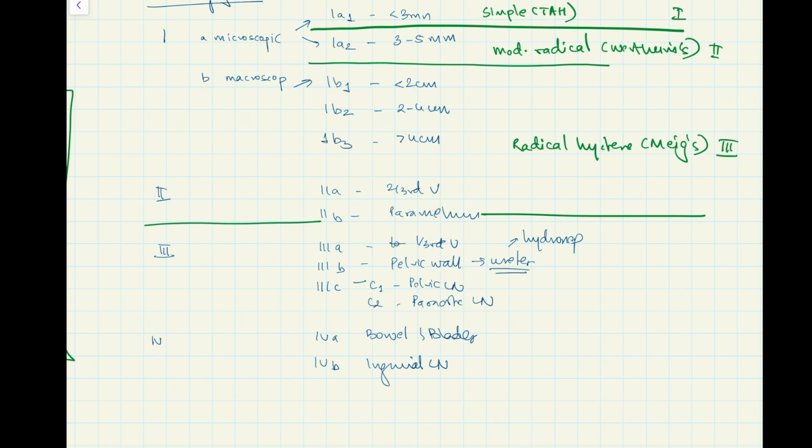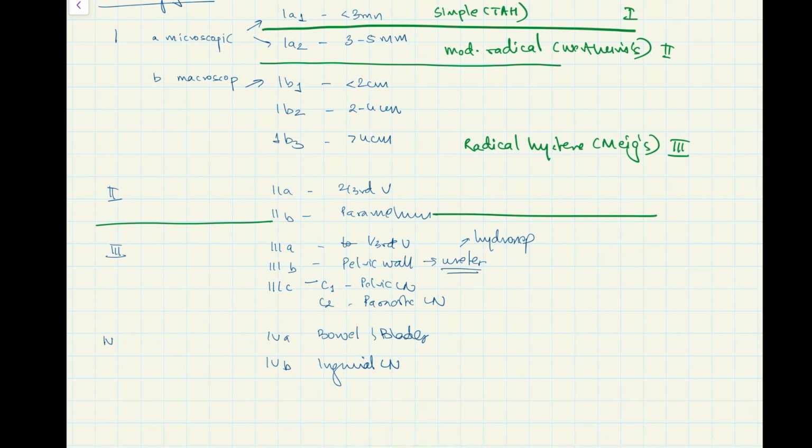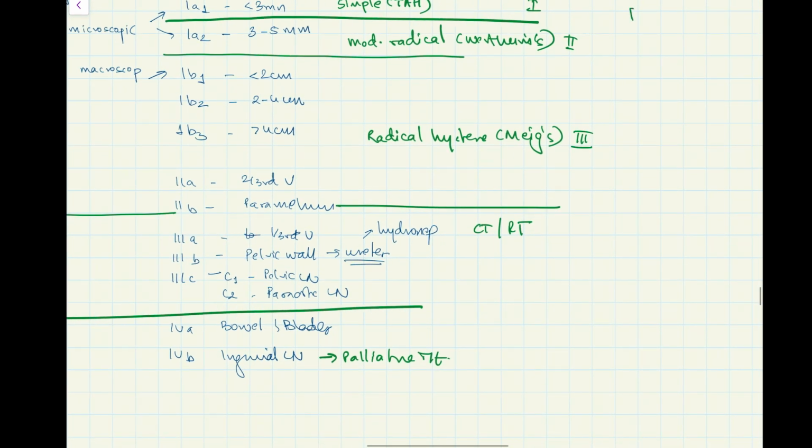Right. Beyond stage 2B, chemotherapy and radiotherapy is the treatment of choice. For stage 4, palliative treatment is done. Now, fertility preserving surgery can be done if the family is incomplete, and it can be performed up to stage 1B1.